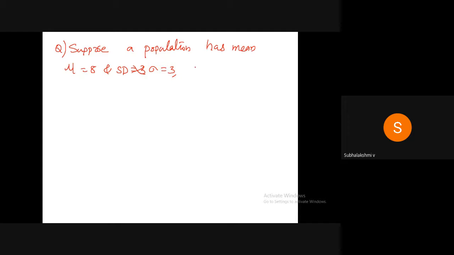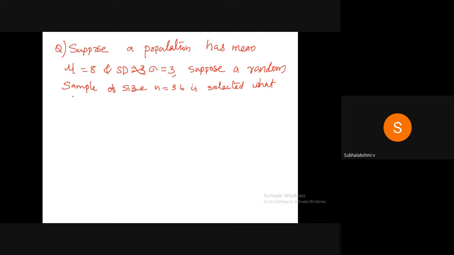Suppose a random sample of size n equal to 36 is selected.